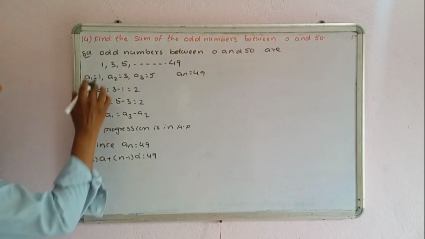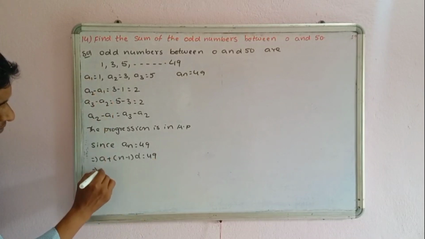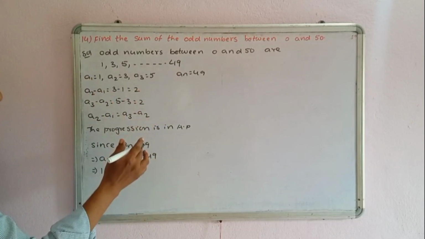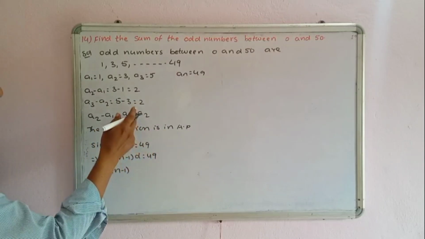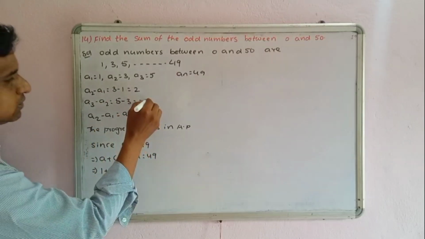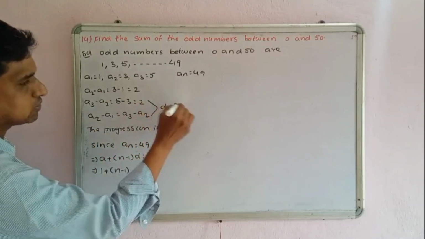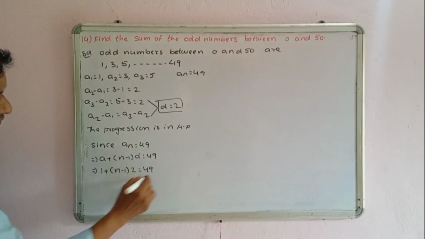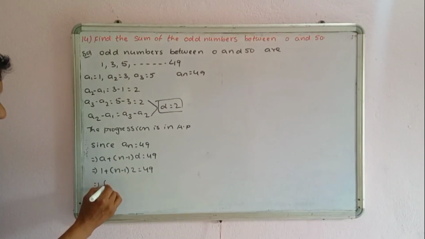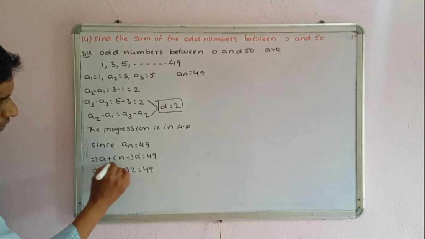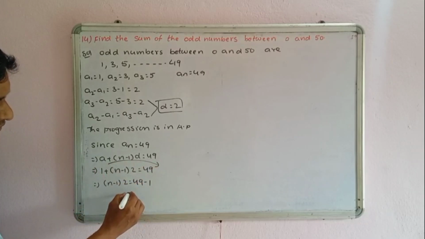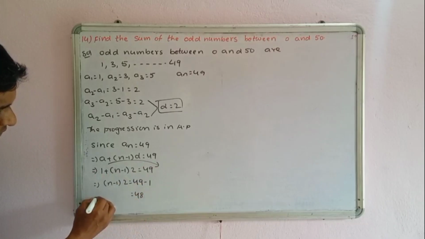So the value of a is 1, plus n minus 1 into d. So common difference is same. So this is called d. d equals 2. Okay. So n minus 1 into 2 equals 49 minus 1, that is 48.